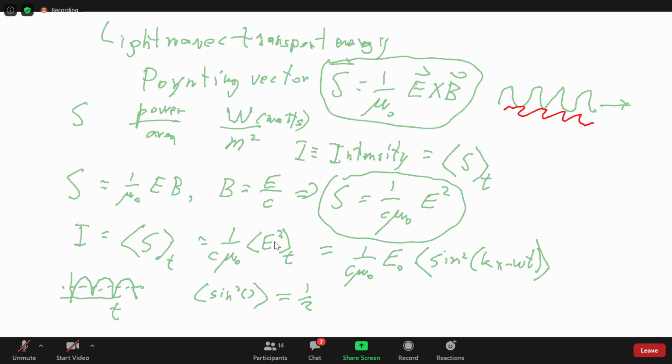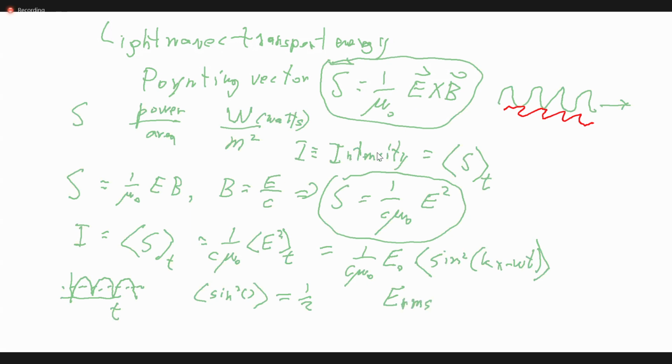Okay, so what we normally write is the electric field RMS, which is short for root mean square, right? When you average root mean square, that means it's the square root of a half, or 1 over the square root of 2.